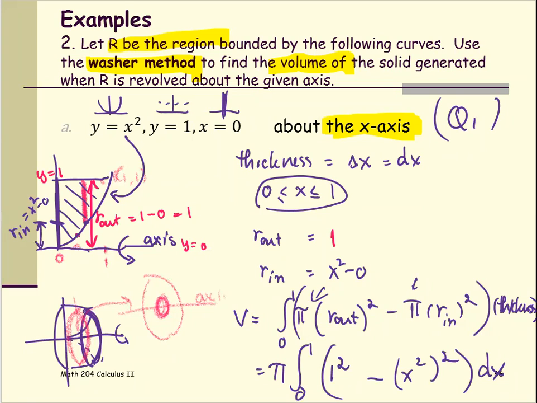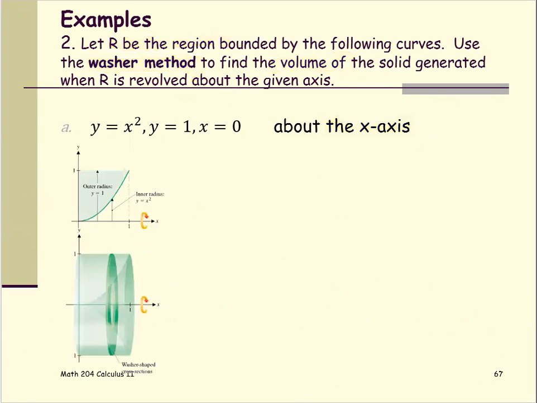So I'm going to put in a cleaner one, with the same information but a cleaner graph and a cleaner solid of revolution. So far we have the volume set up as pi multiplied by the integral from 0 to 1 of 1 minus x squared squared, which is x to the 4th, dx. So the setup is done.